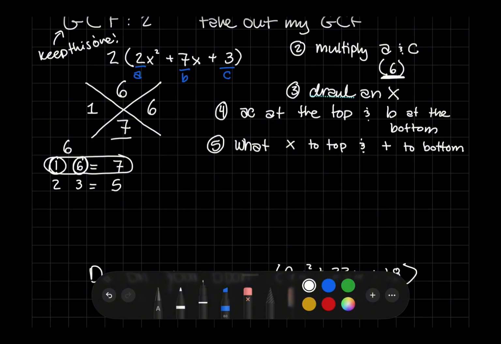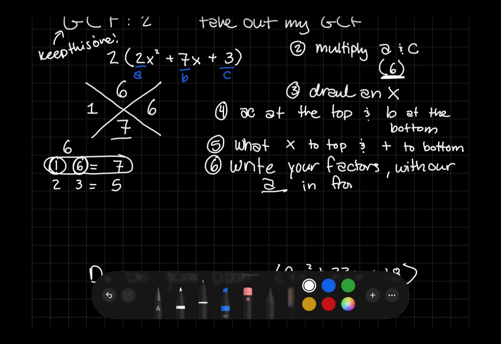All right, now we are moving on to step 6. You are going to write your factors with our A in front. And I'm going to show you exactly what I mean.